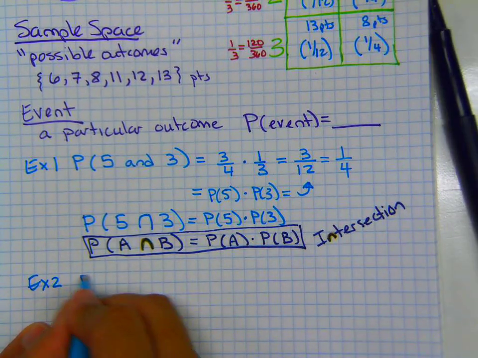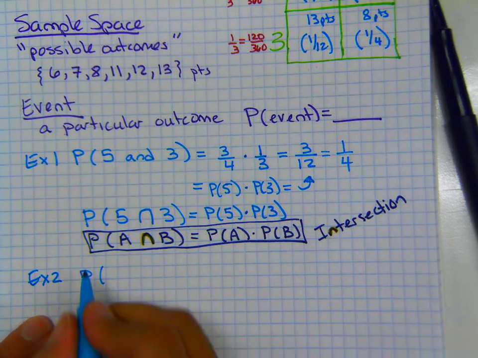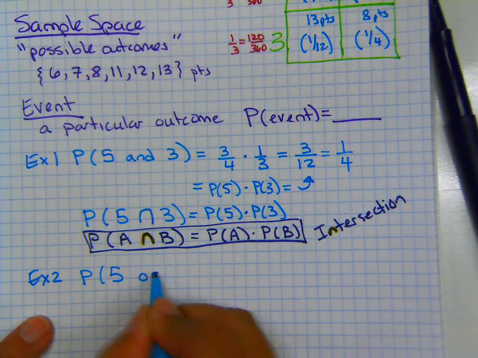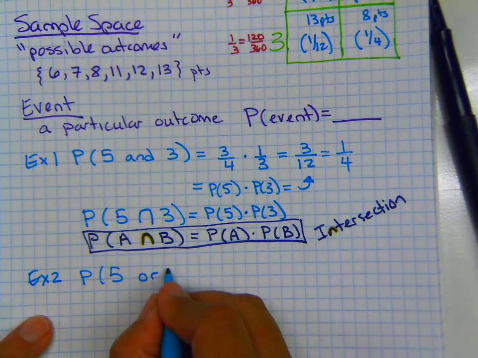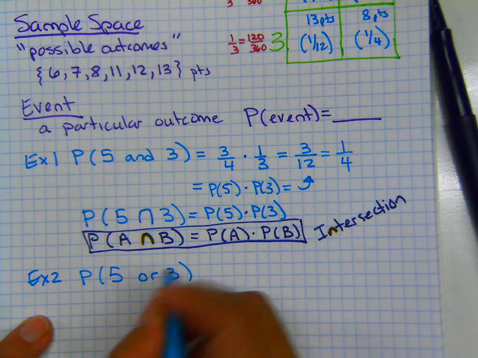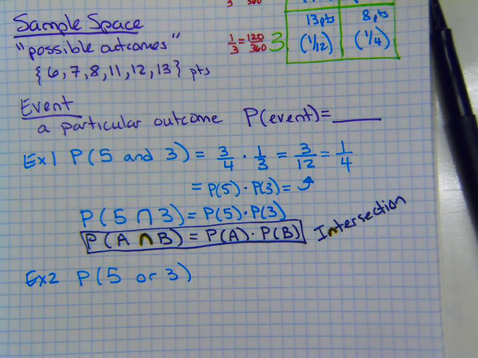We say that's the probability of 5 or 3. The probability of getting a 5 or a 3 is this.